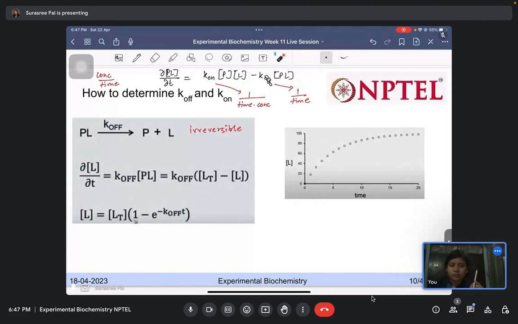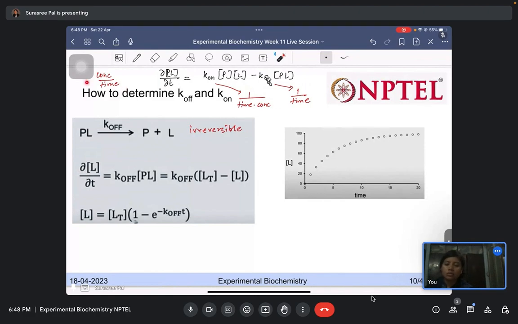Right. So by dimensional analysis, we can calculate the units of K on and K off. What is the unit of the change of protein ligand complex concentration? That should be concentration over time, right?